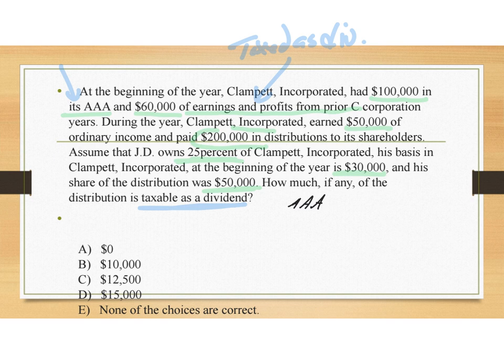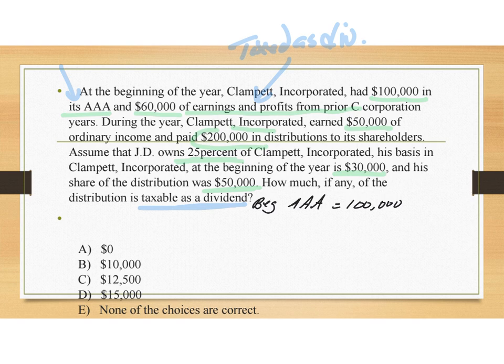All right, so the beginning AAA is $100,000. Now, in those notes that I posted, there's a whole list of things that change the AAA balance, okay? Separately stated income and gain items, ordinary income, these things increase the AAA account.